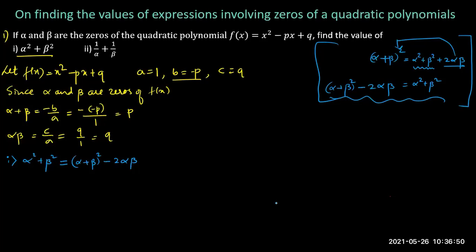Now alpha plus beta means p, so p square minus 2 times alpha into beta, which is q. So p square minus 2q is the value of the expression. Is it clear?